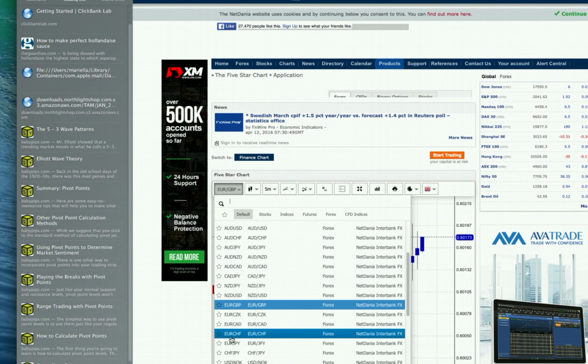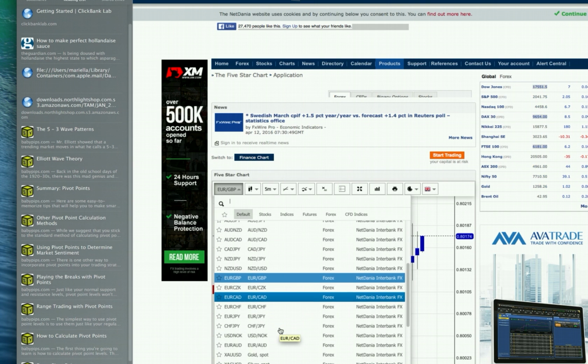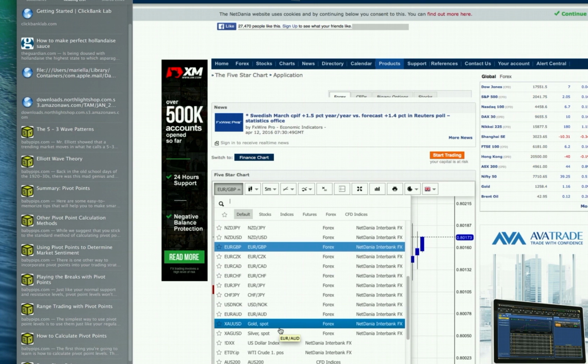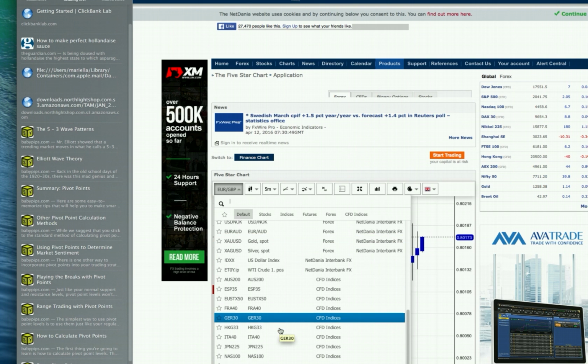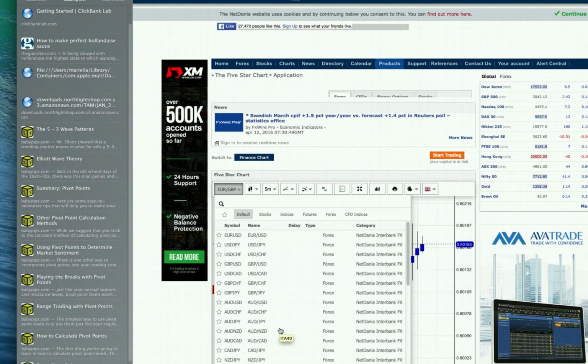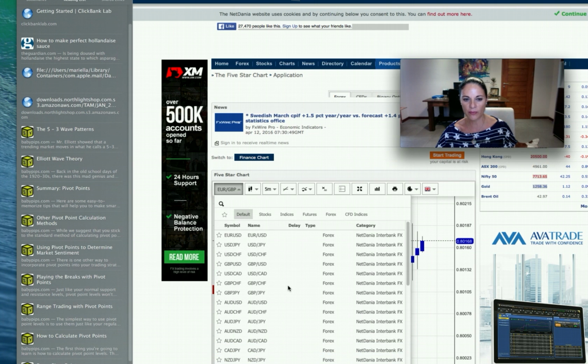Let's have a look at another currency pair. Let's see, do we have anything? Because it also depends on what the platform has to offer. So the platform may not necessarily have more than 3 currency pair combinations, as we did with the Australian dollar. So it looks like it will be more or less the same.